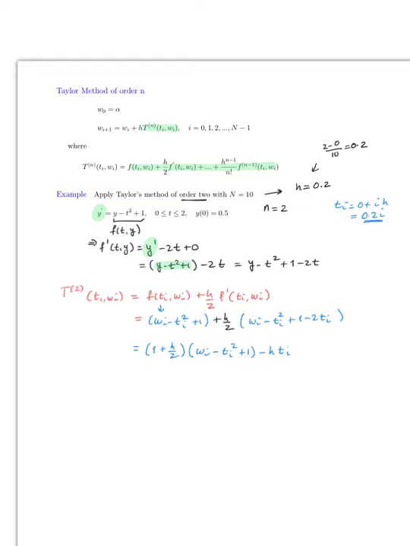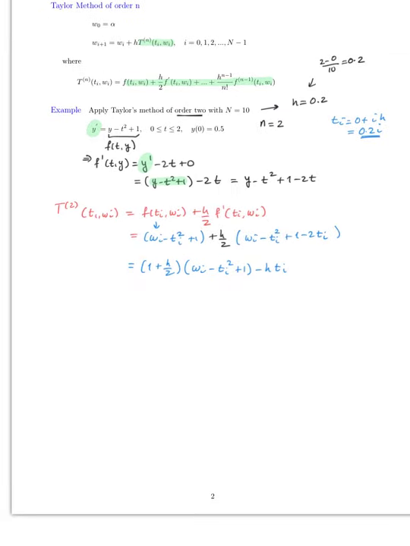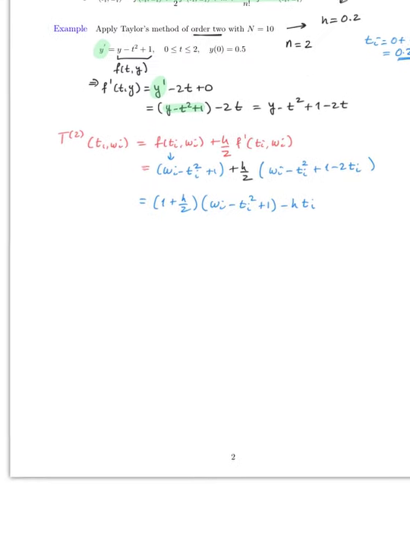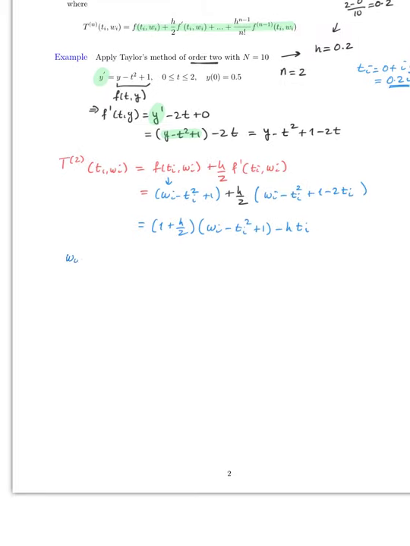If we put everything together, we will get the following difference method. We will have w0 equals 0.5, which was the initial condition, and then wi plus 1 will be equal to wi plus h. Remember, times this should go in here, so this will be 1 plus h over 2 wi minus ti squared plus 1 minus h of ti.